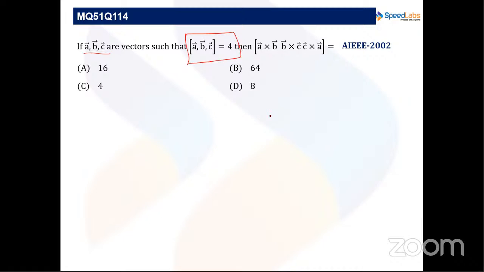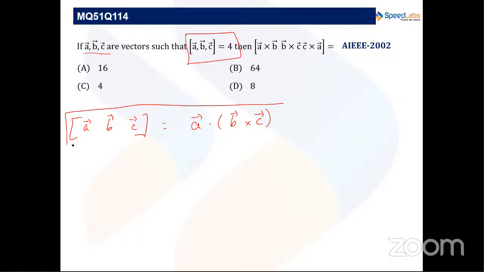So basically the meaning of scalar triple product is, if we have written vector A, vector B, vector C, then it means A dot B cross C. So we are given the scalar triple product of ABC equals 4 and we need to find the scalar triple product for A cross B, B cross C, C cross A.